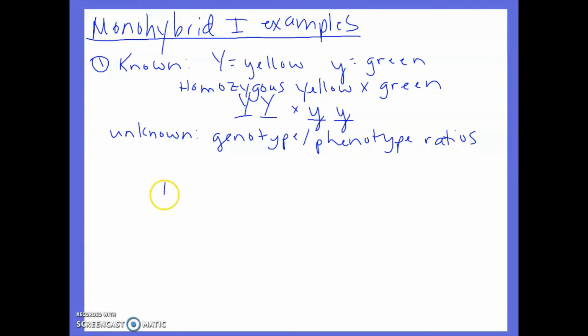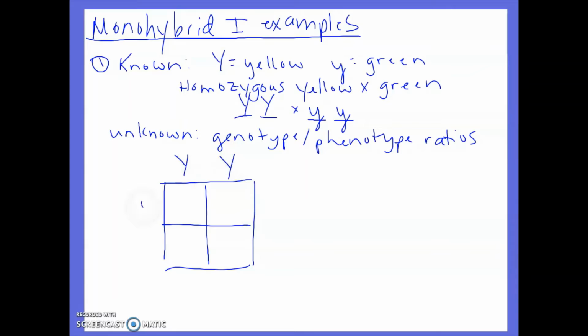Alright, so we'll do our Punnett square from our cross, and so we have homozygous dominant and homozygous recessive, and we'll fill in our Punnett square.